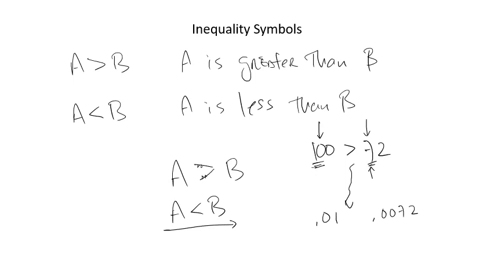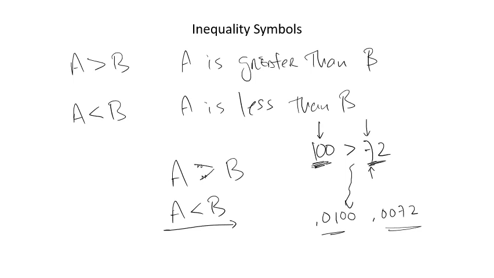All we've done is move the decimal point 1, 2, 3, 4 places to the left, so we've divided by 10,000. The inequality remains the same. But for students, 100 and 72 is a lot more intuitive than 0.01 and 0.0072. But we can explain it the same way.